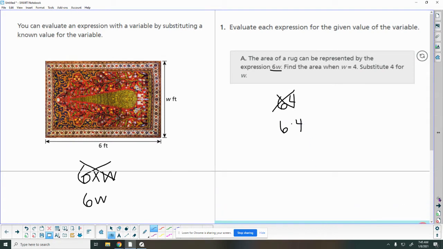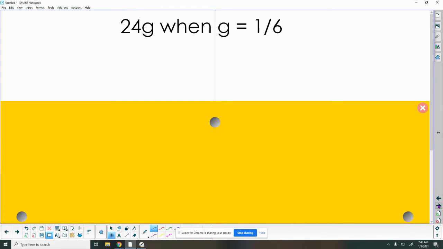We are going to try a few other practice problems before I have you finish task 1. So we have 24 groups of G, 24 times G when G equals 1/6. We want to take our coefficient and multiply by 1/6.